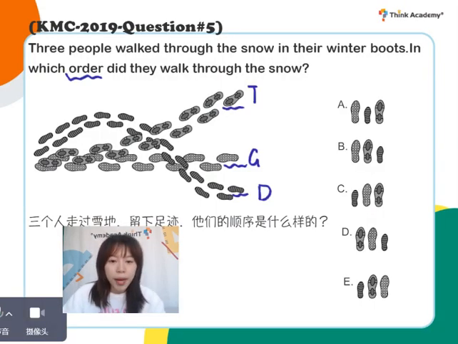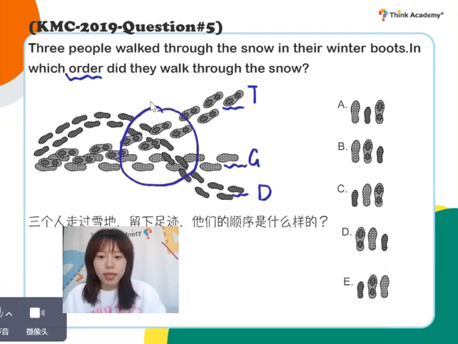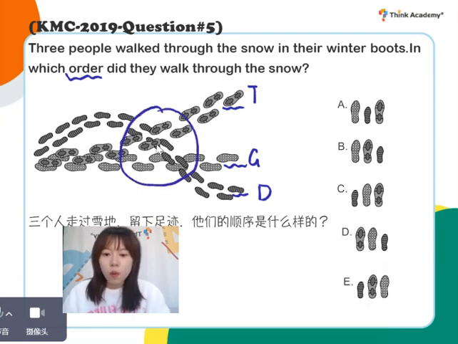So if we go back to this problem, we find the breakthrough is going to be the overlapping parts, maybe just this part. So let's take a look. The 2 circle one is on this dark one, which means the 2 circle one is later than the dark one. And what about the gray one?